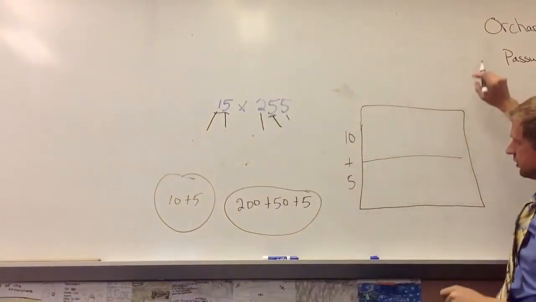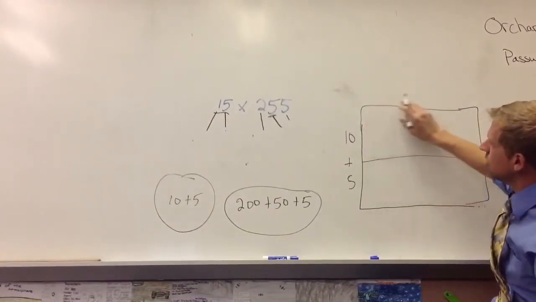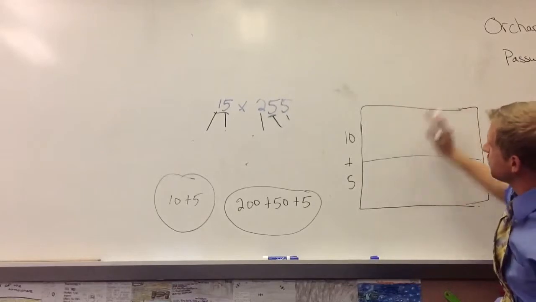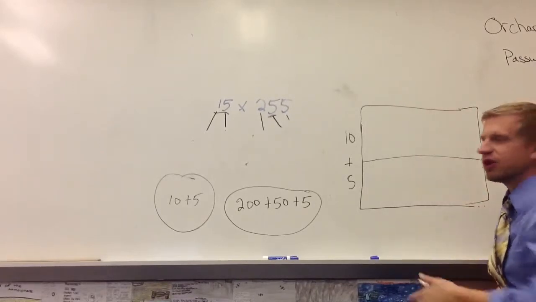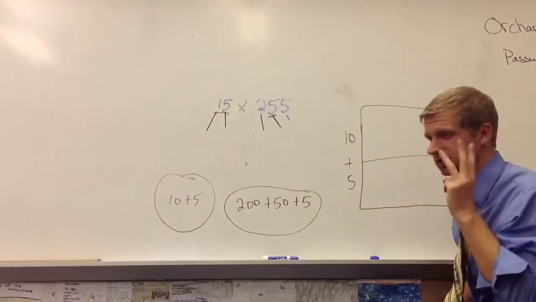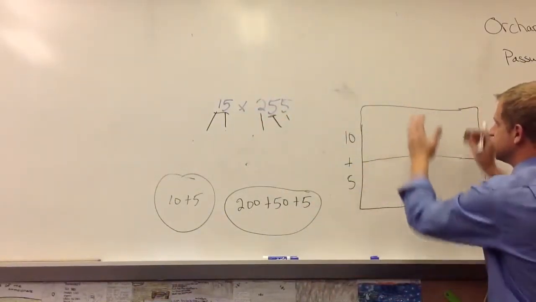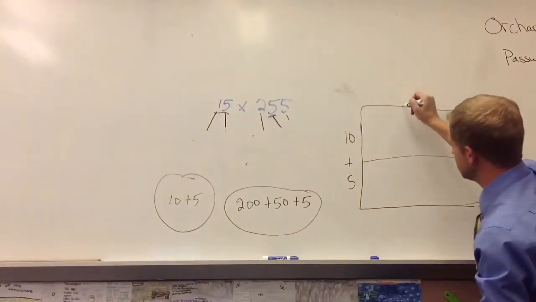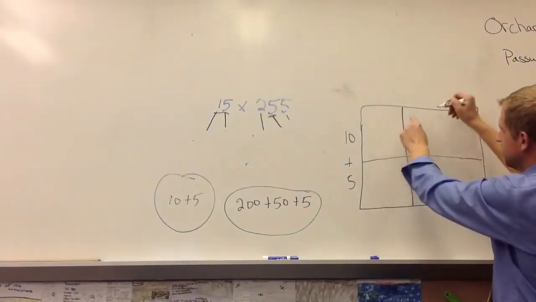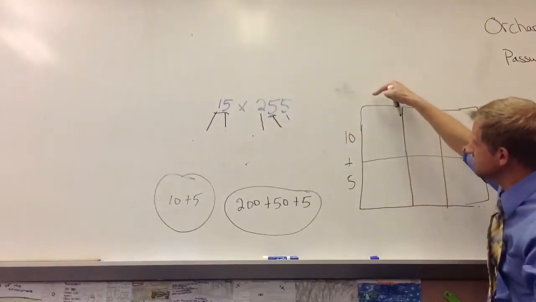Now at the top, time for the larger number. So, we've got to determine how many times to split this box. And we look at how many digits are in the number 255. There are how many digits? How many numbers? 3. 1, 2, and 3. Yes. So I need to split this into 3 rectangles. So I go like this. There's 1, there's 2, and there's 3. We're good. Now we decide what to write right here.